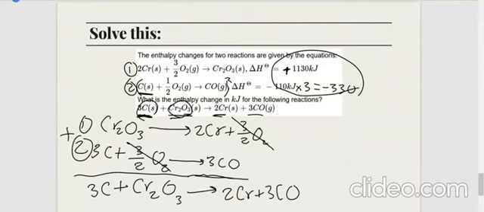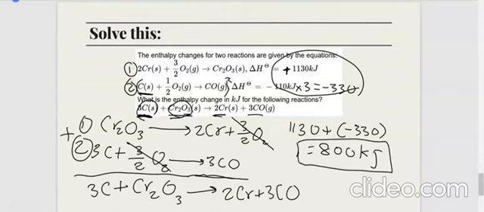So the delta H of the final equation would be 1130 plus negative 330, which will give us 800 kilojoules. So the delta H of this equation is 800 kilojoules.